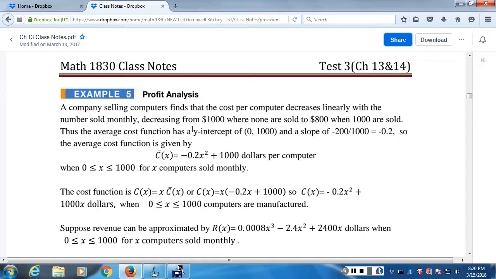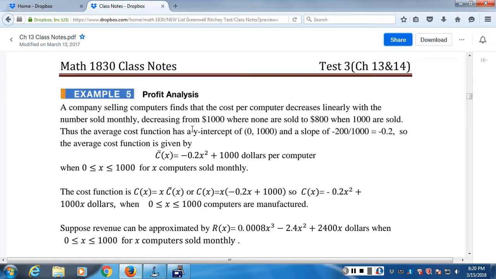And because your cost function is c of x times x, that's your actual cost function, your average cost times x, that gives you c of x, then that's where the x squared comes from. This x squared is a typo. The average cost is just negative 0.2x. That x squared up there doesn't belong there.